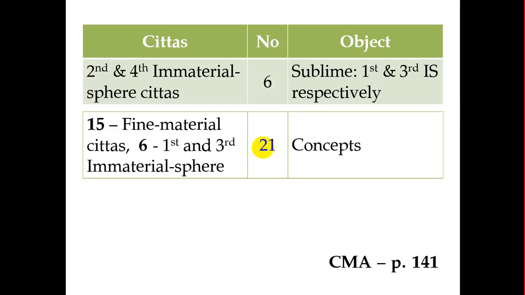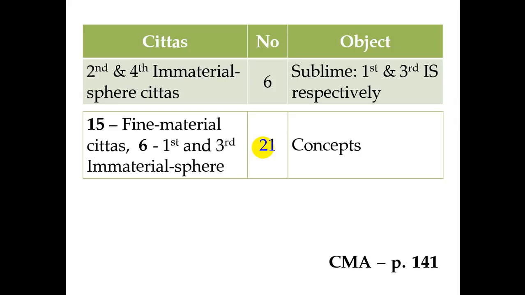And then, to get a more stable and more uplifting jhana, he increases his willpower. So when somebody goes to attain the fourth immaterial jhana, he has to take the object of the third immaterial jhana, right?